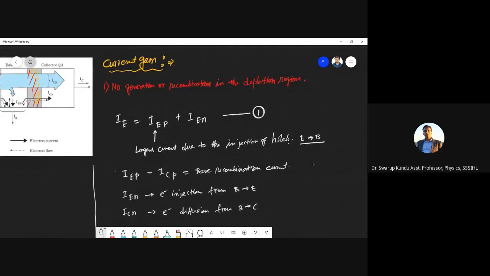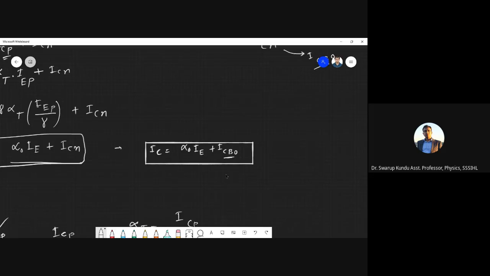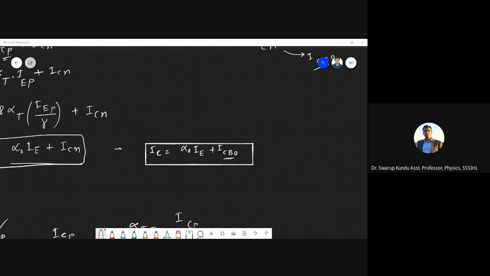That's what it means. Is it clear, Vikrant, now? So it depends on basically the voltage between collector and base, with the emitter terminal open. This whole three-term notation means that. Yes, sir. Okay.